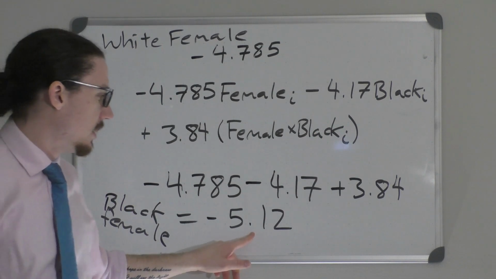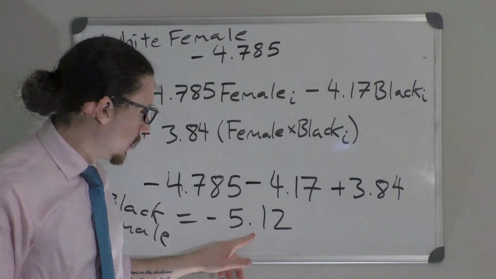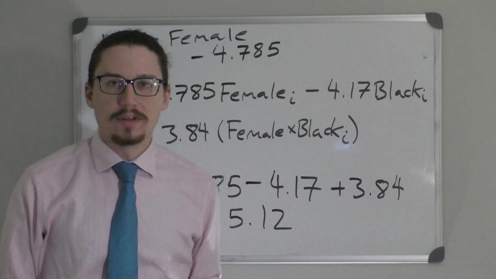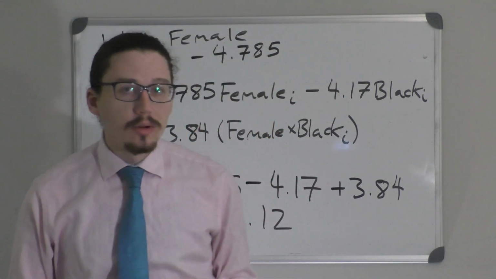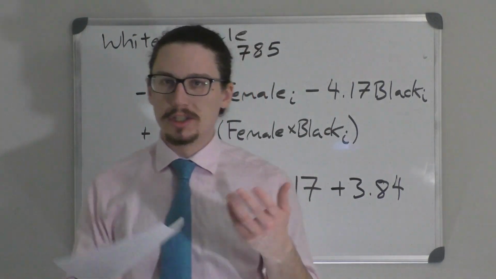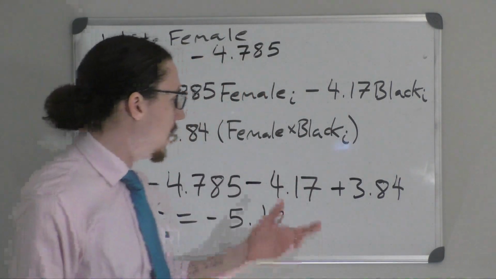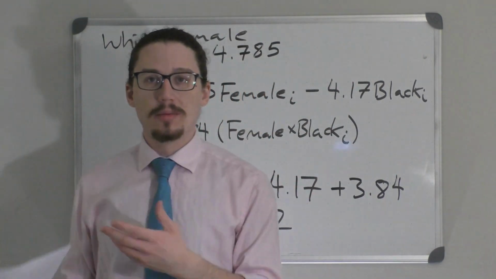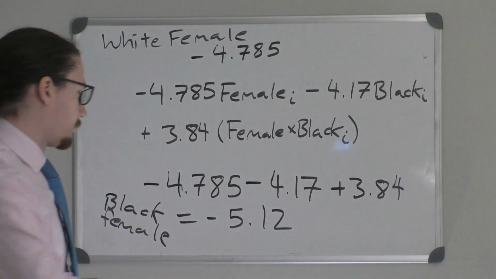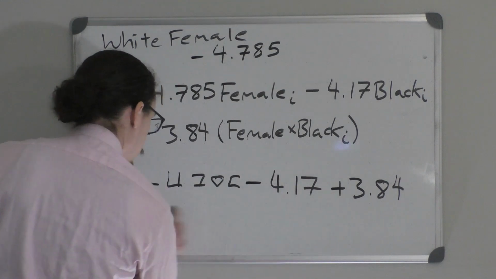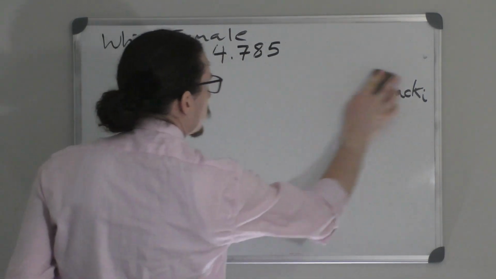The 3.84 would not be, because that would be 0. So we're looking at the difference between negative 4.17 and negative 5.12, and the difference there is that 95 cents. Again, a little bit more complicated. That's why this is just more of an extra thing. But those are interaction terms, and that's how we use them.